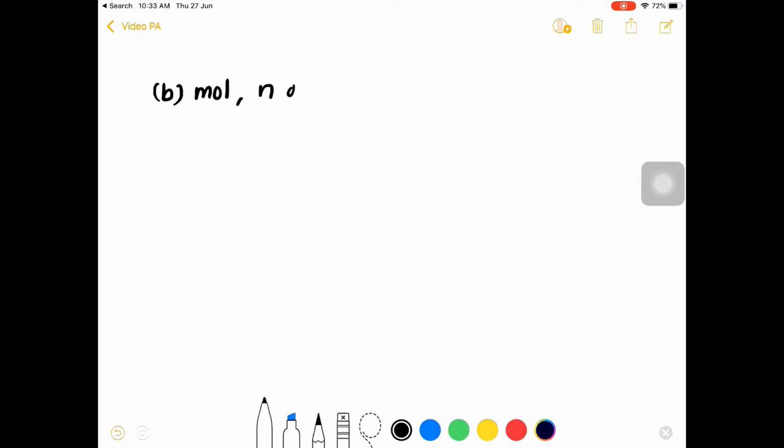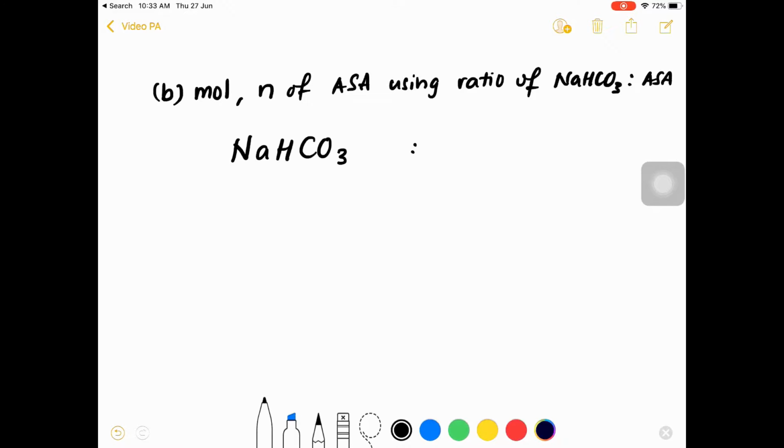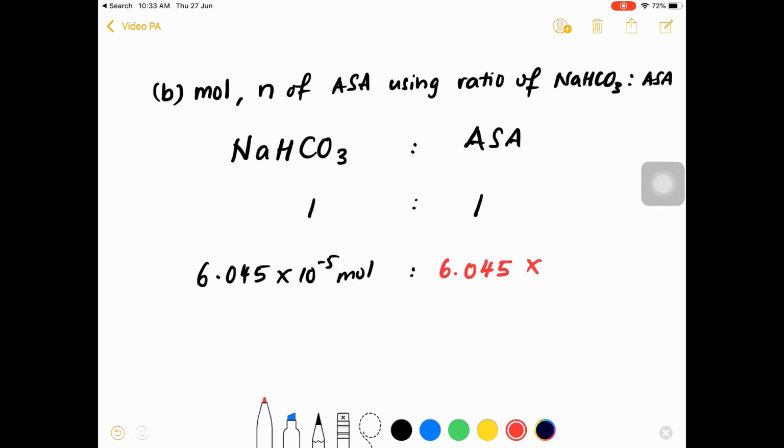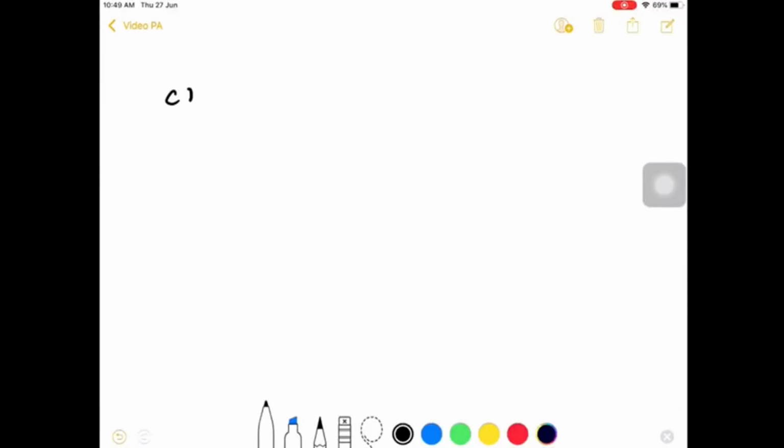We found the mole using the ratio of sodium bicarbonate and aspirin, which is 1:1. Hence, the mole of aspirin is 6.045 times 10 to the power of negative 5 mole.